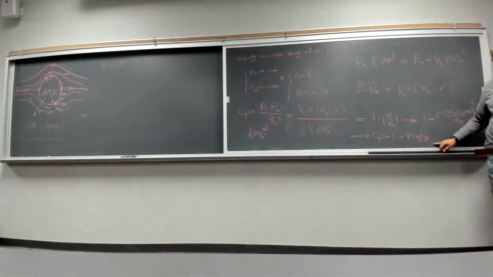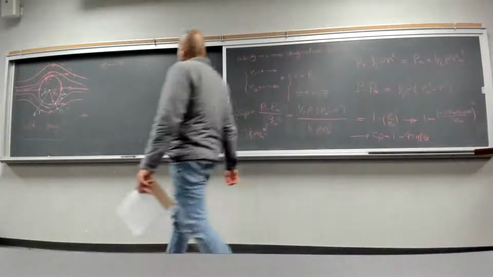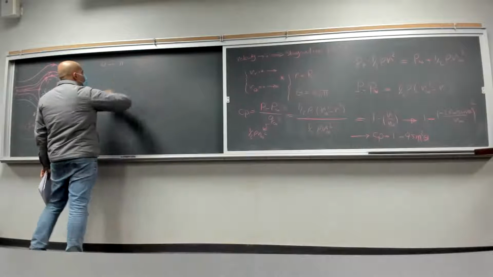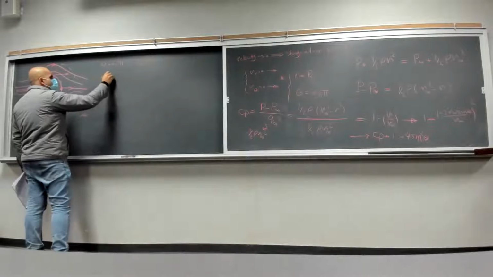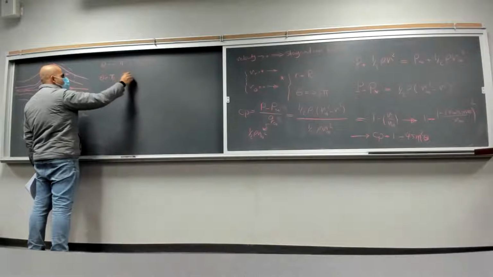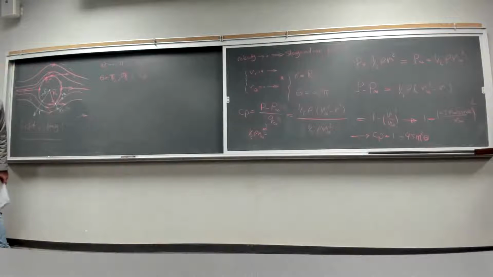This is the formula, right? 0 and pi, what would we get for pressure coefficient? 1. Okay. Maximum velocity, pi over 2, 3 pi over 2. What would be the pressure coefficient? -3.